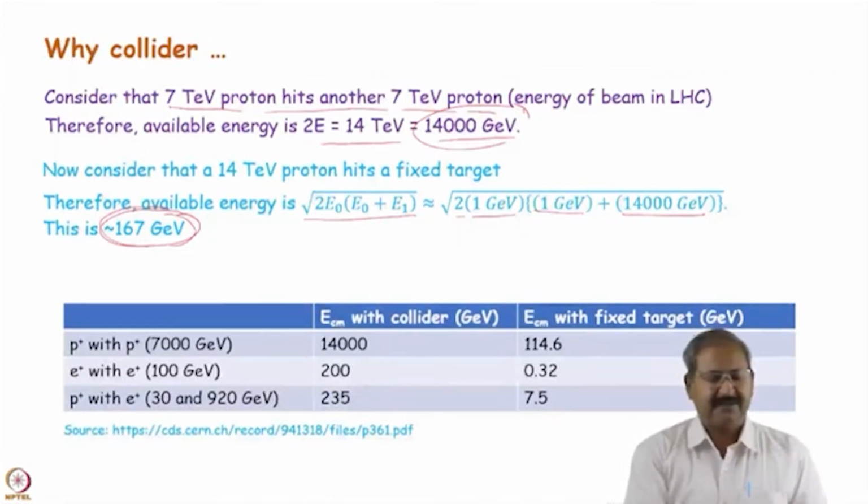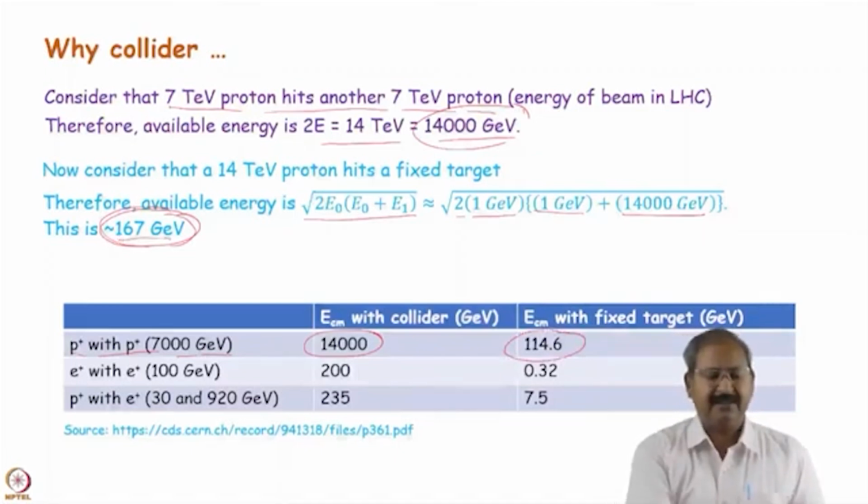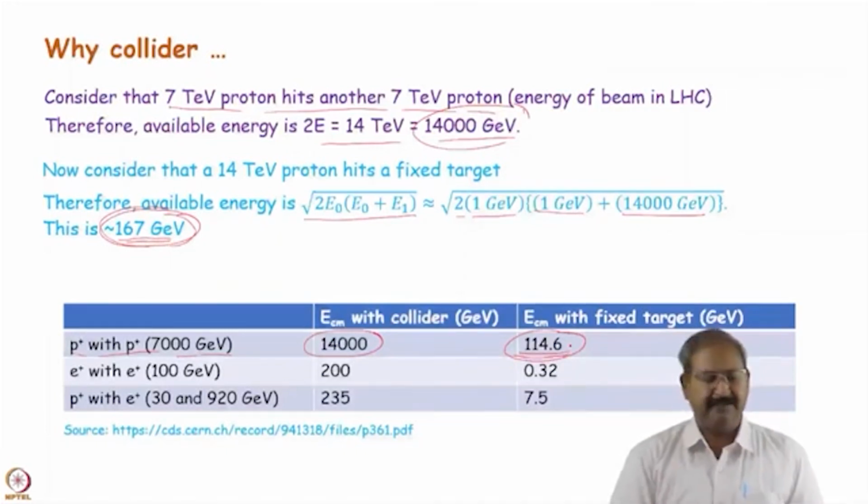Suppose proton and proton hit with 7000 GeV, 7 TeV, which was the above example. So in the center of mass, 14,000 GeV is available, and in the fixed target experiment, it is only 114 GeV. Here we have increased the energy to 14 TeV for the single proton. Here it is calculated for 7 TeV.